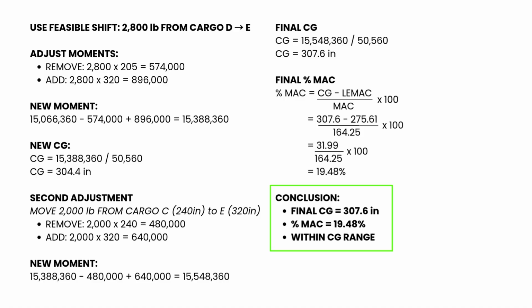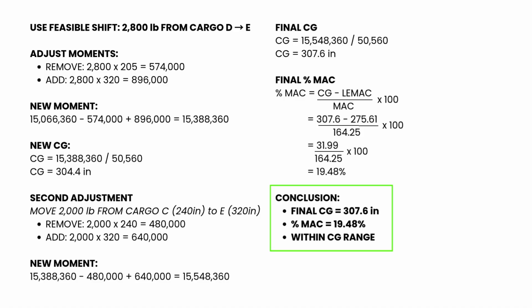Now, for the final adjustment, to further improve CG, move 2,000 pounds from compartment C at 240 inches to compartment E at 320 inches. Remove 2,000 times 240 equals 480,000.